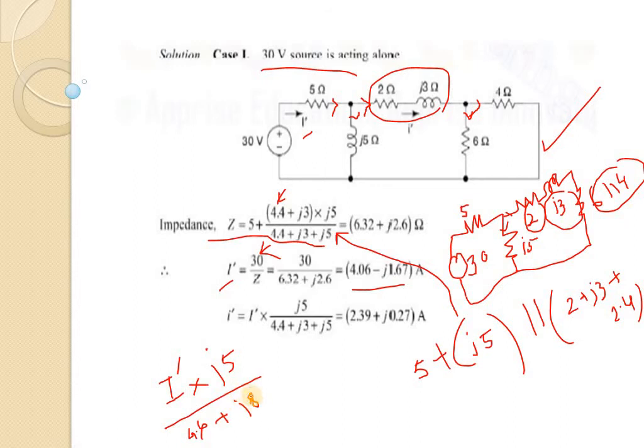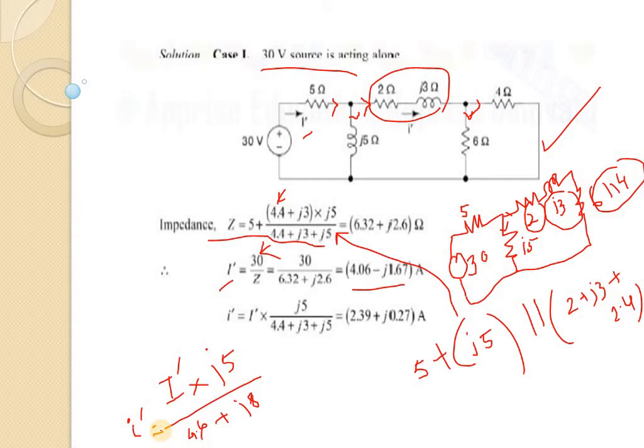So from here we have calculated the value of small I dash when only one source is acting alone. That means when the 30 volt source is acting alone, we have calculated the current through the 2 plus j3 ohm branch.